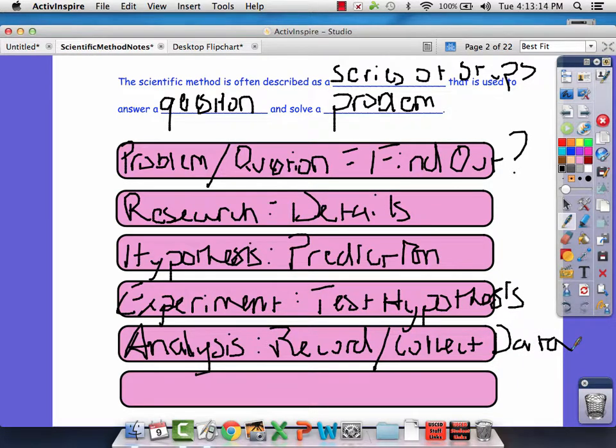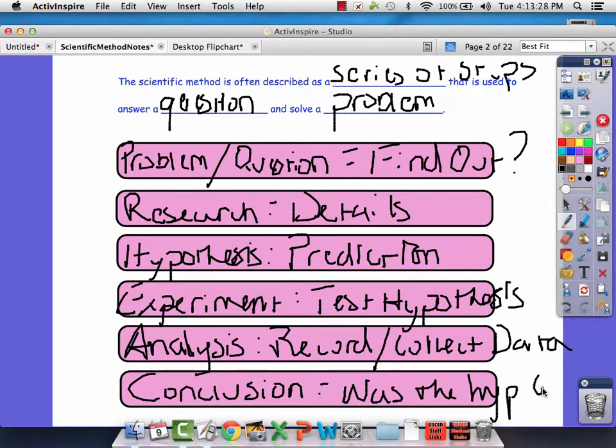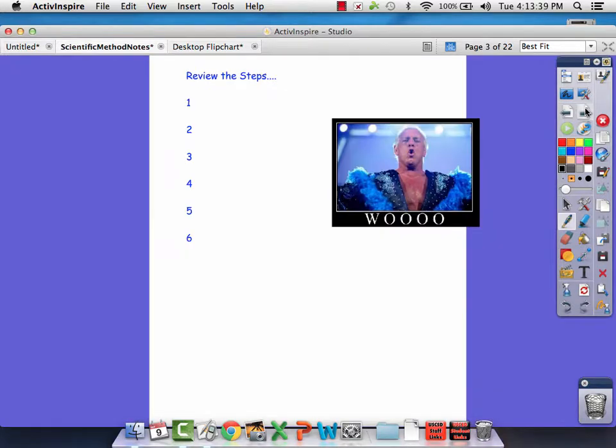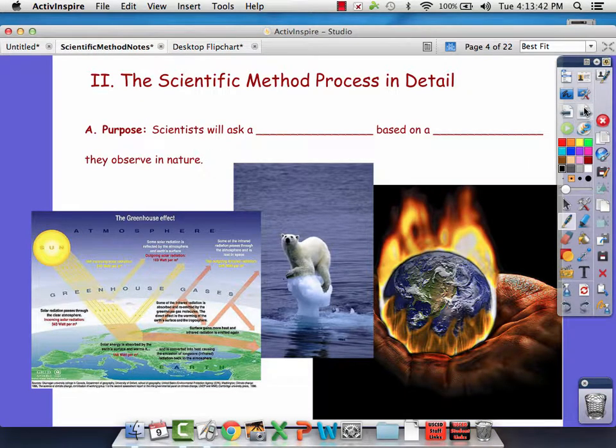Did it work? Did it not work? And that's where you get your conclusion. And was the hypothesis correct? I don't think in any case throughout the whole day that any of you were 100% correct with your hypothesis. So what we are going to do from here is go through each step very slowly, break it down a little bit.